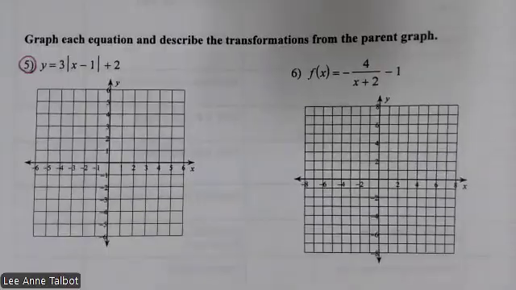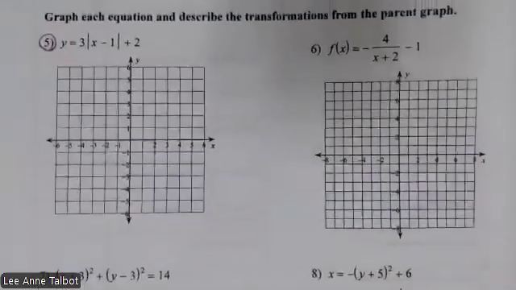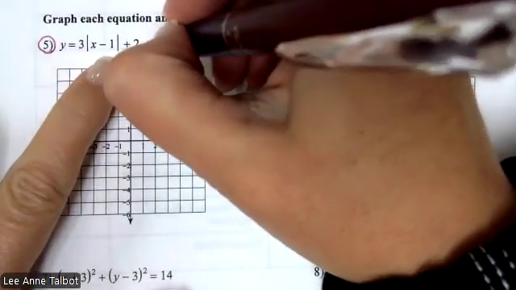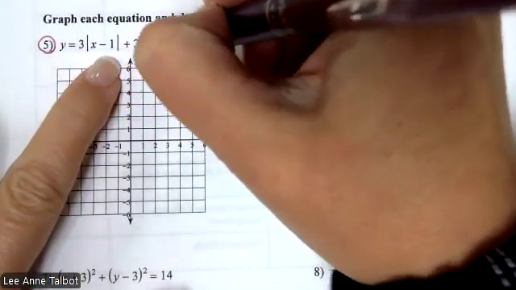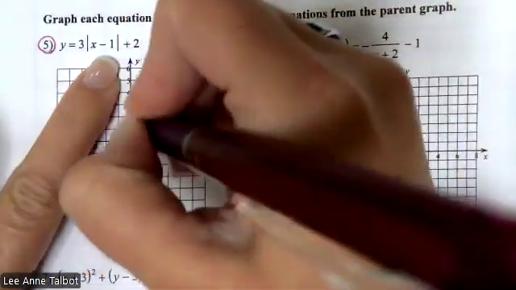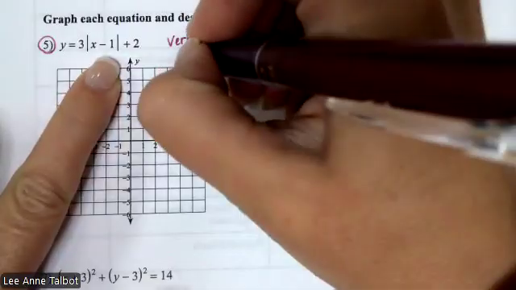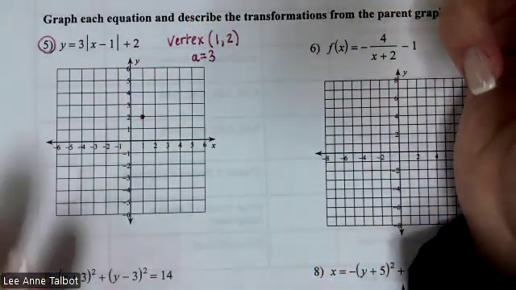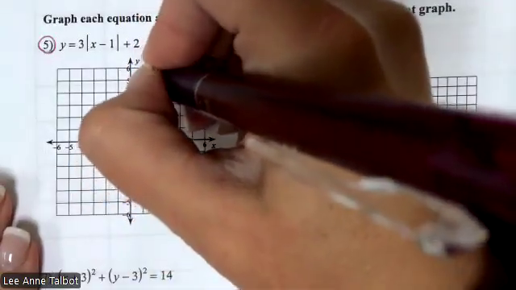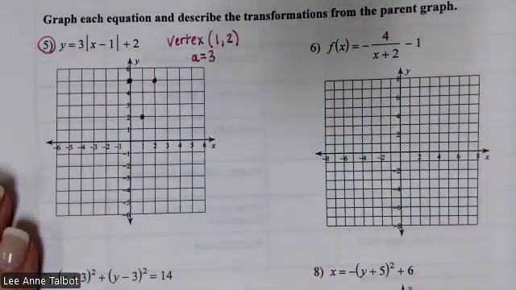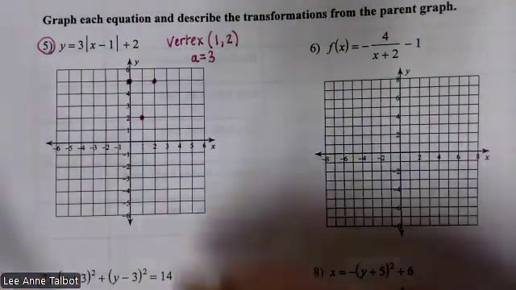We have an absolute value equation here, and the vertex is positive 1, positive 2, and the a value is 3, which means that there's a slope of 3 and negative 3, like plus or minus.